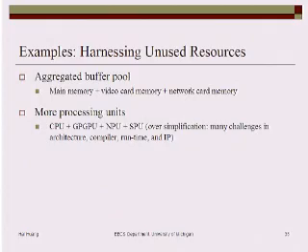So there are some examples of how we can harness or benefit from these unused resources. One of them is to aggregate these buffer pools. In addition to the main memory you use for your page cache or your application data, you can also use the memory in the video card as well as the memory in the network card.